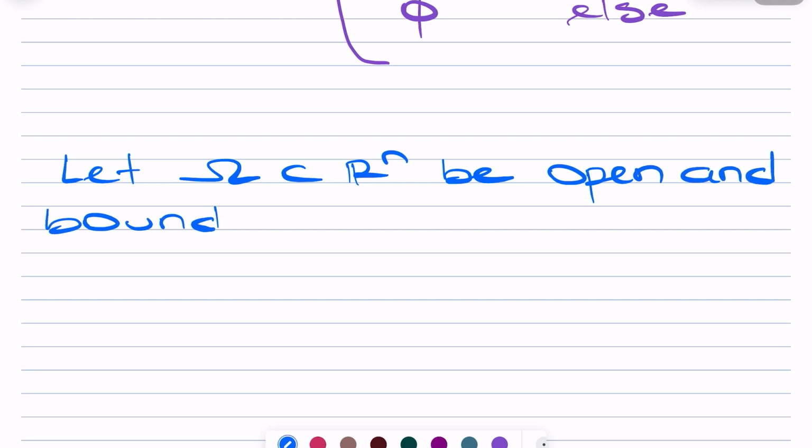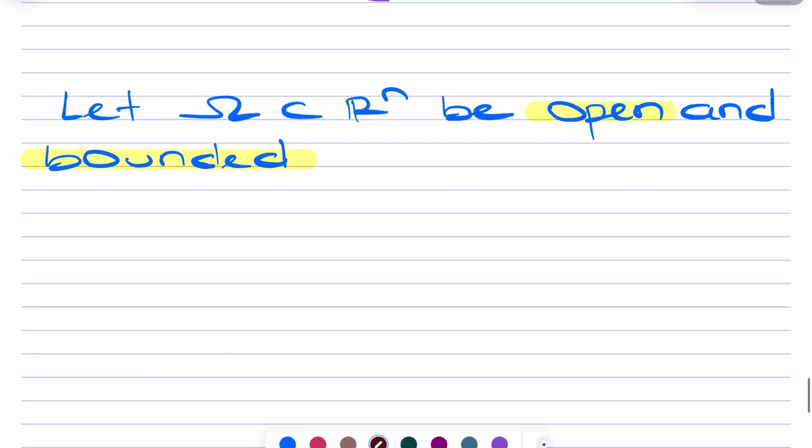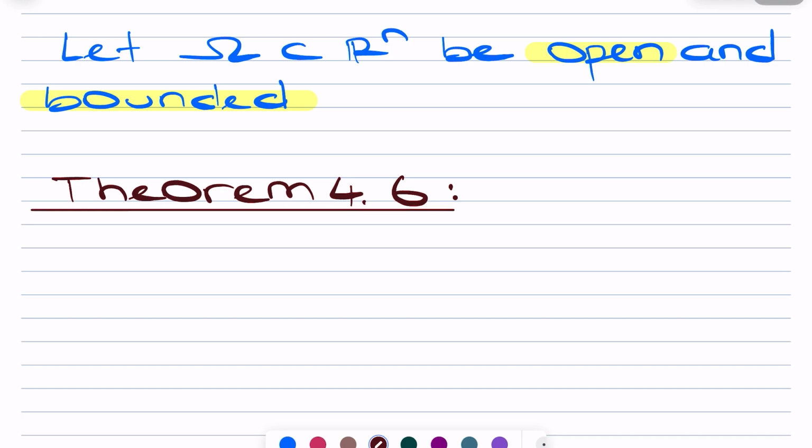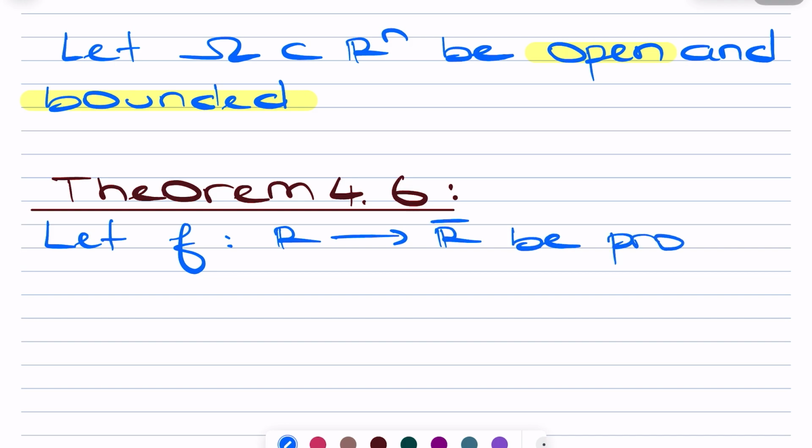So assume we have an open and bounded domain. So we have Theorem 4.6. Let little f, defined from R into the extended real line, be proper, convex, and lower semi-continuous.